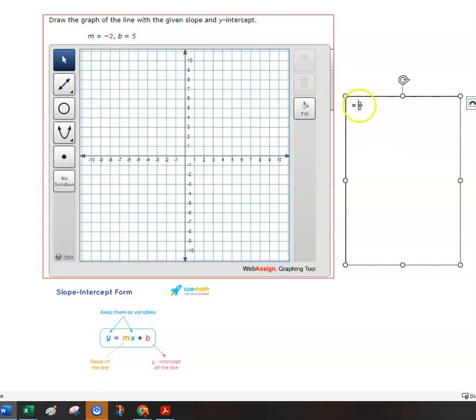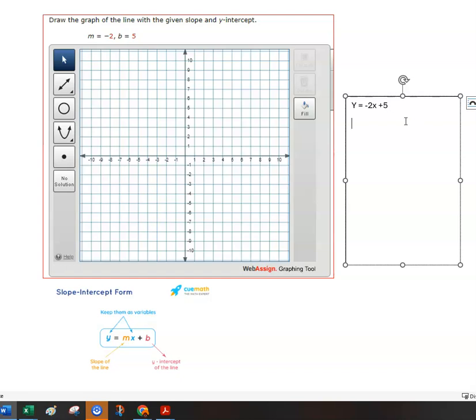My slope is -2. That comes before it, so I'll do -2x. Then all I need to do is put b in there. My b is 5. So it's going to be plus 5. That's my equation.